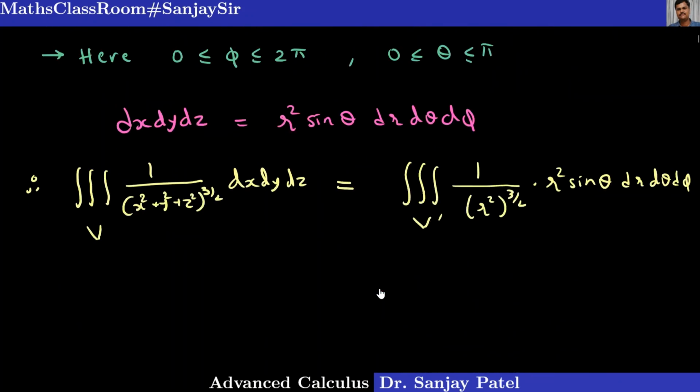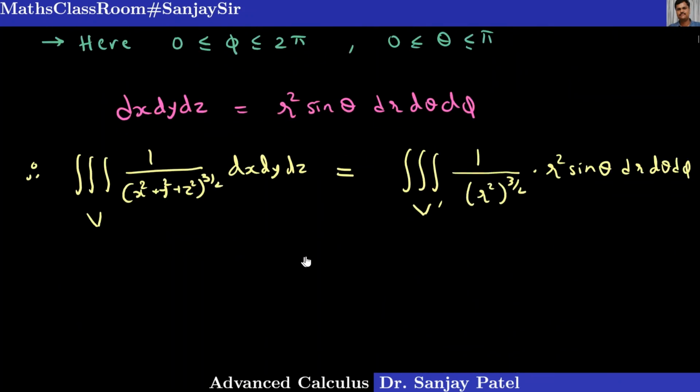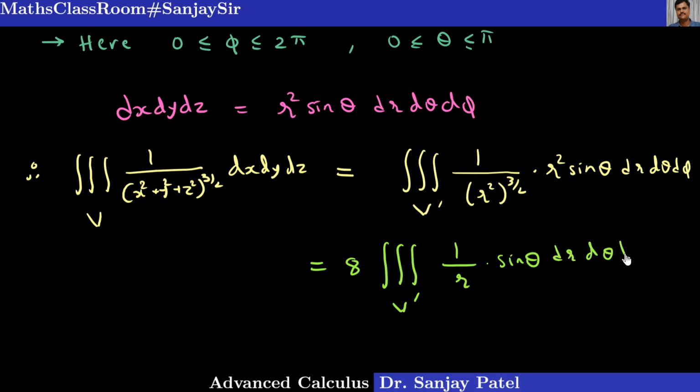So this triple integral I can write as 8 times, because I want to take only the positive octant where x, y, z all are positive. So I will get 1 upon r cube, means 1 upon r into sine theta dr, d theta, d phi. That required integral is equal to 8 times the value of the integral in the first octant.